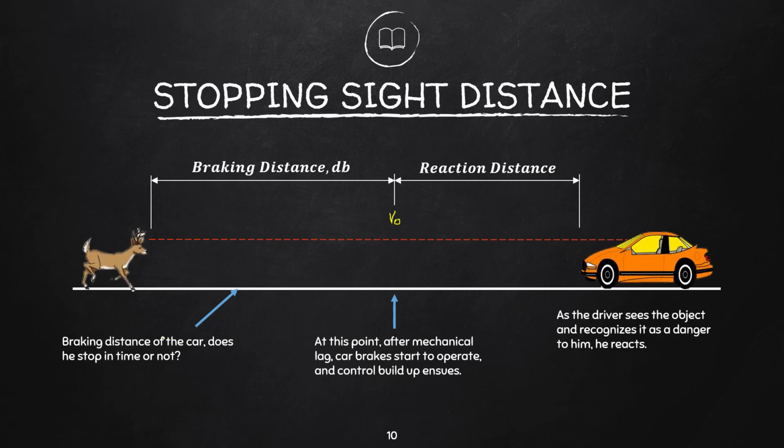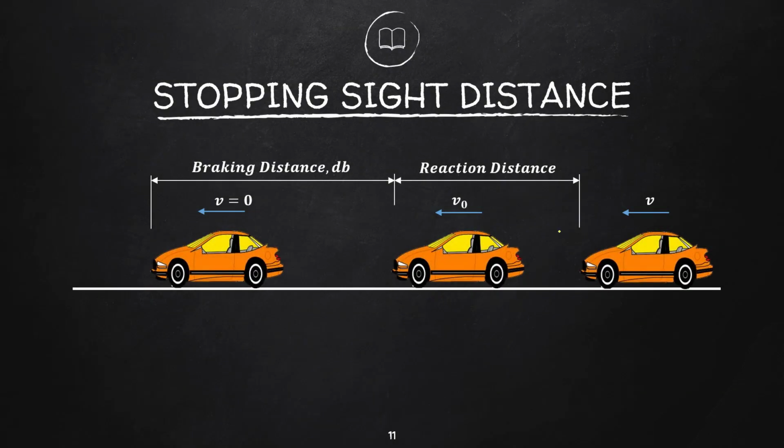We have a question here: does the driver stop in time or not? So we have here the different velocities. After the braking distance, of course, it will have a velocity equal to 0. And again, SSD or the stopping sight distance is equal to the brake reaction distance plus the braking distance.